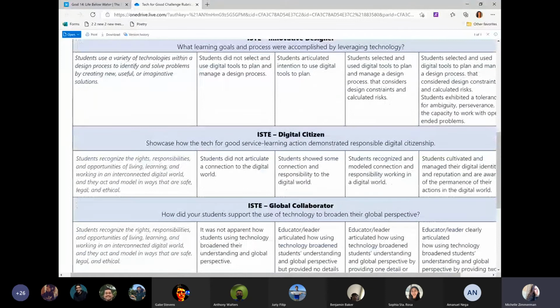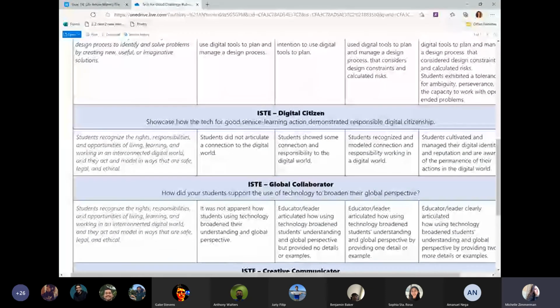The digital citizen one is recognizing the rights, responsibilities, and opportunities of living and learning and working in an interconnected digital world. Act and model ways that are safe, legal, and ethical. So by citing sources, by saying this wasn't my original photograph, but I asked a teacher for assistance to help see these things, and whoever it was let me use this photograph in my presentation, that's demonstrating a legal and ethical way of citing sources.